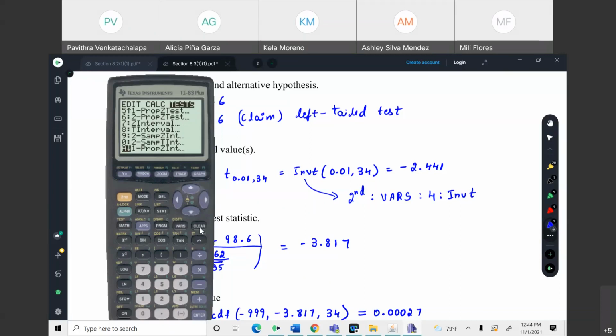Okay, just try to do this and see whether you get the same answer. Go to stat, and hit your left arrow and go to test, and then just scroll down and go to number 8, T interval, enter.